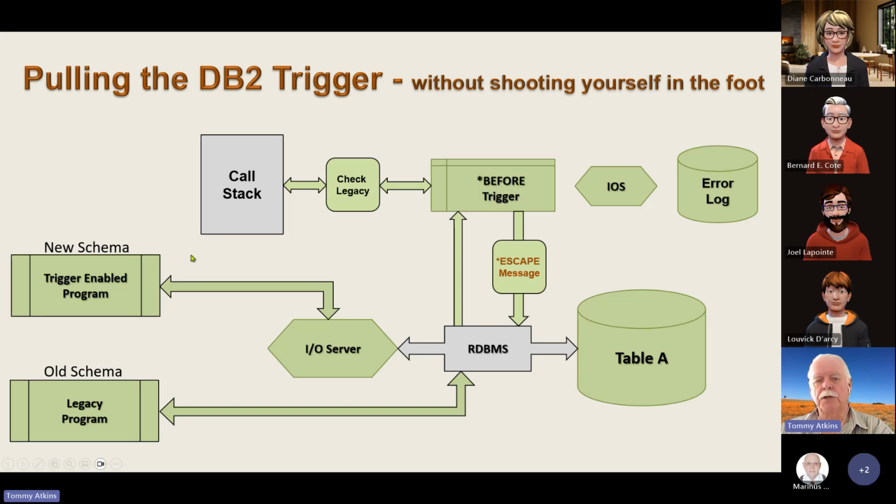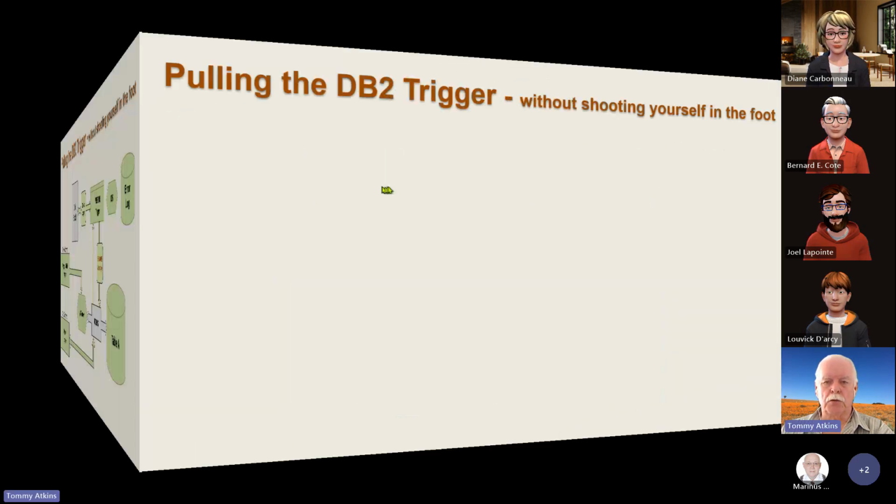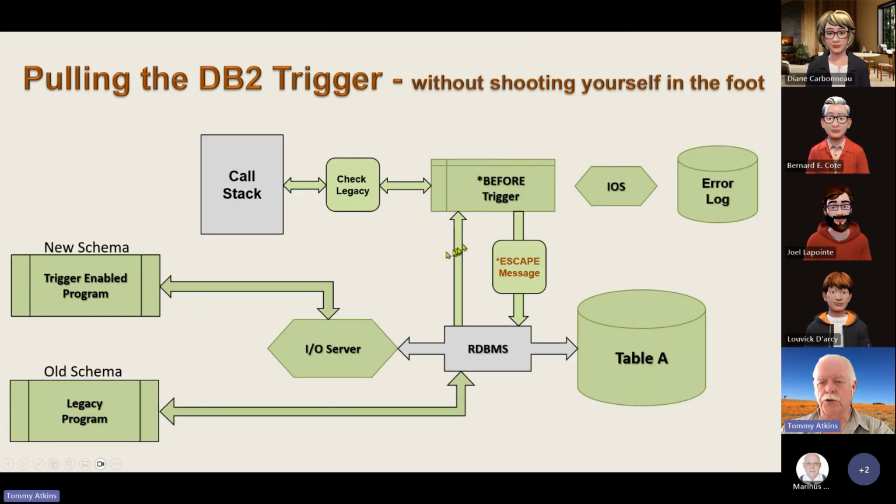In fact, you wouldn't need this then. You could do that check in the trigger. Okay, because in the trigger we have the calling program. No, we don't. You wouldn't need to. Would you? No, you wouldn't.